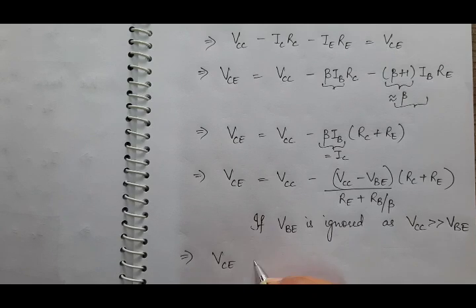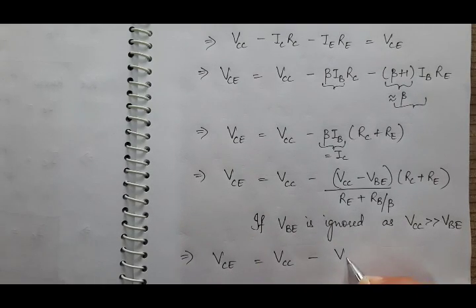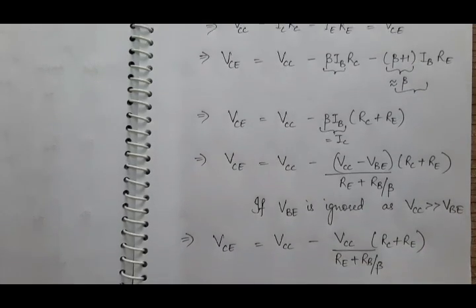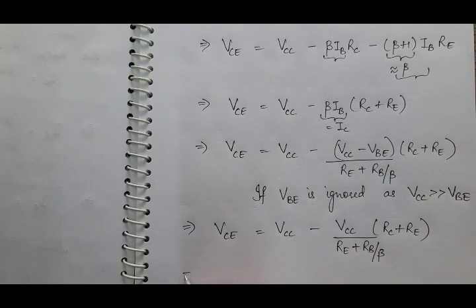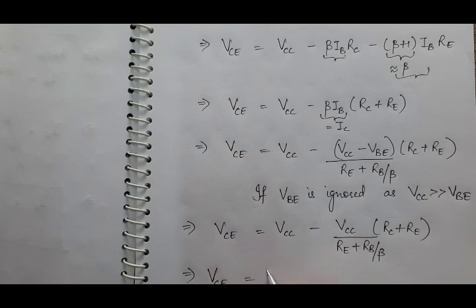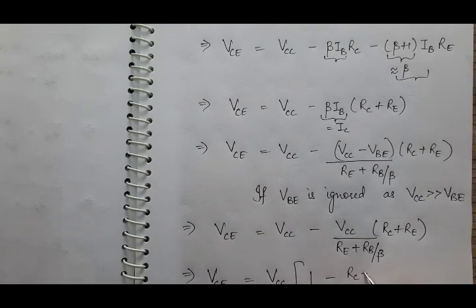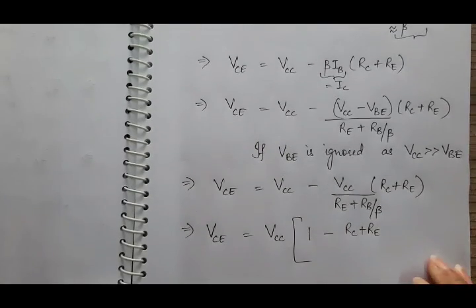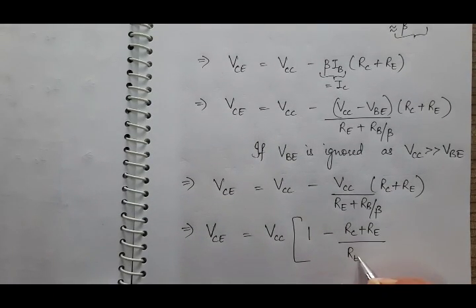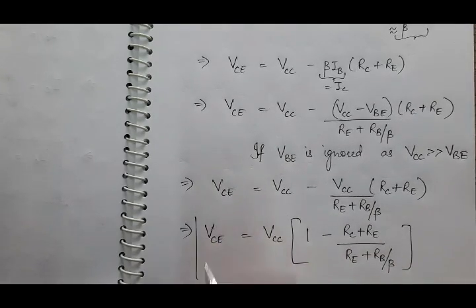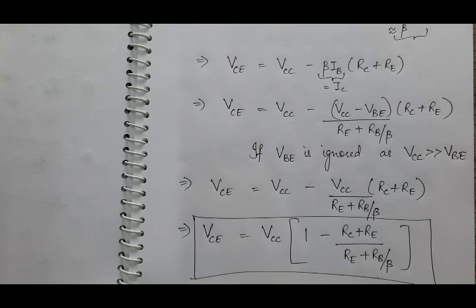This VCE will be VCC minus VCC upon RE plus RB upon beta into RC plus RE. So you can take this VCC common, and we have 1 minus RC plus RE upon RE plus RB by beta. So this is the second coordinate of the operating point.